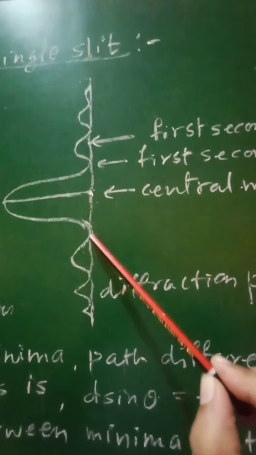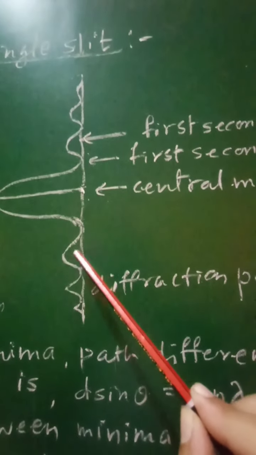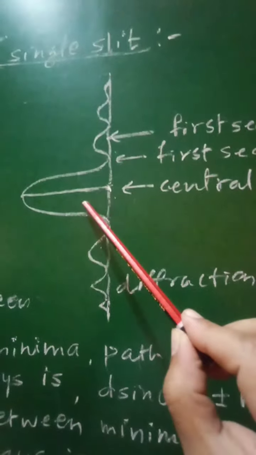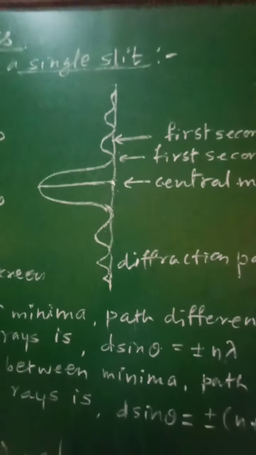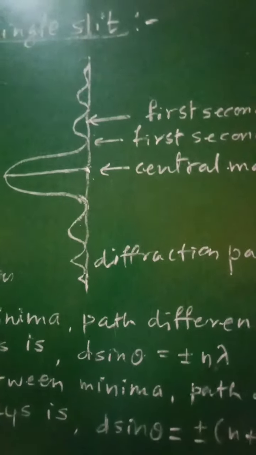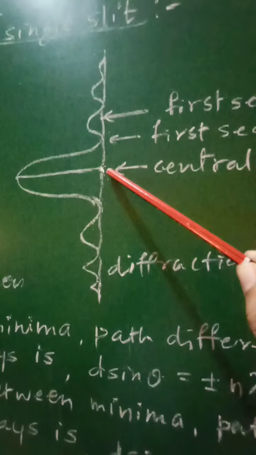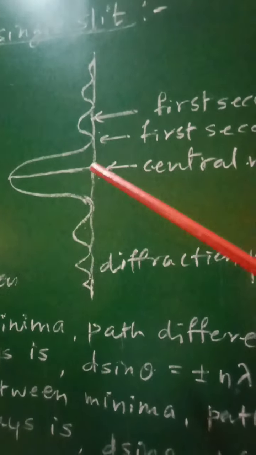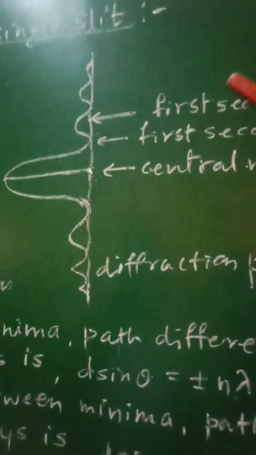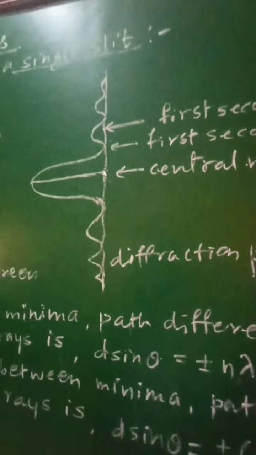Similarly, beyond this there will again be the first secondary maxima having less intensity as compared with the central maxima. Therefore the diffraction pattern contains the central maxima, followed on either side by the first, second, third and so on, secondary minima and secondary maxima.